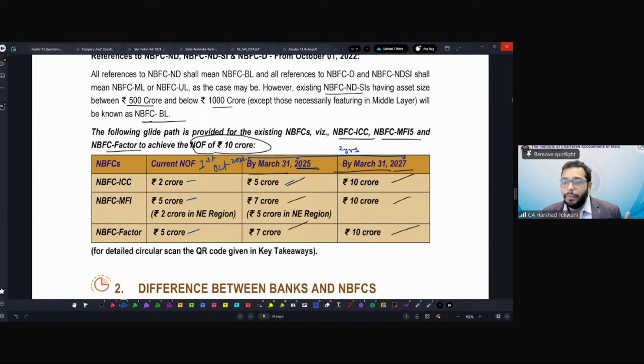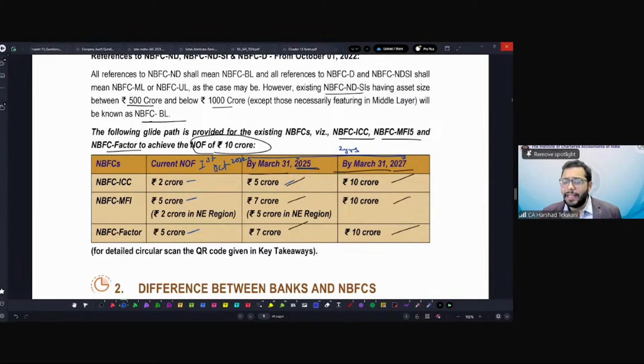Now, for example, a particular section of the prudential norms is how to account for investments. There is a different accounting for investments for an NBFC, which is required to be done as per these regulations. How to recognize income, how to recognize income from stressed assets, how to recognize income from investments, asset classification.